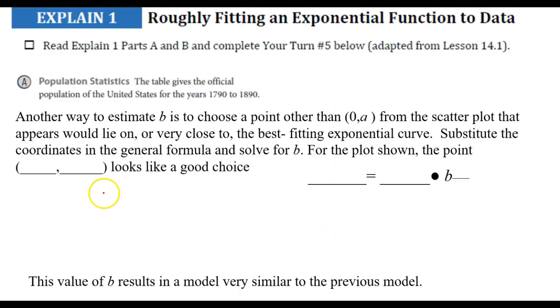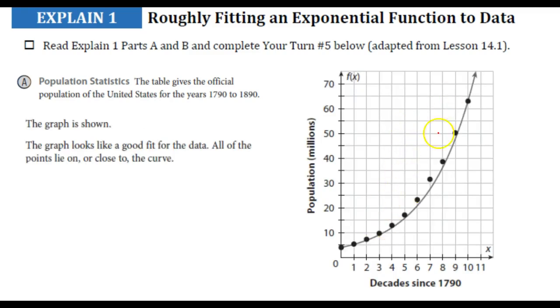So what we're going to do is choose another way to estimate our b value, which is to choose a point other than 0, a, which is our initial value, from the scatter plot above. Since we have that scatter plot available, we can pick a point like 8. This is in decades. This is the 8th decade at about this value here.